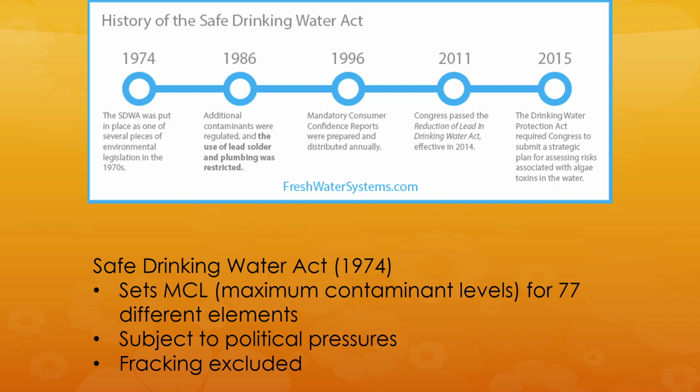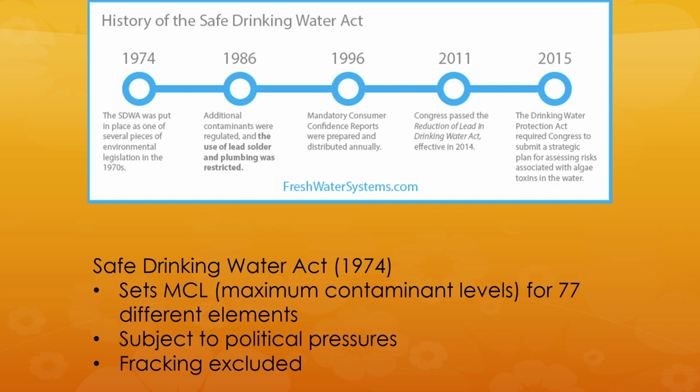In 1996, they had mandatory consumer confidence reports that were distributed annually to let people know what's in the water you're drinking. In 2011, fairly recently, Congress passed the Reduction of Lead in Drinking Water Act, which was effective in 2014. And in 2015, the Drinking Water Protection Act required Congress to submit a strategic plan for assessing risks associated with algae toxins in water.